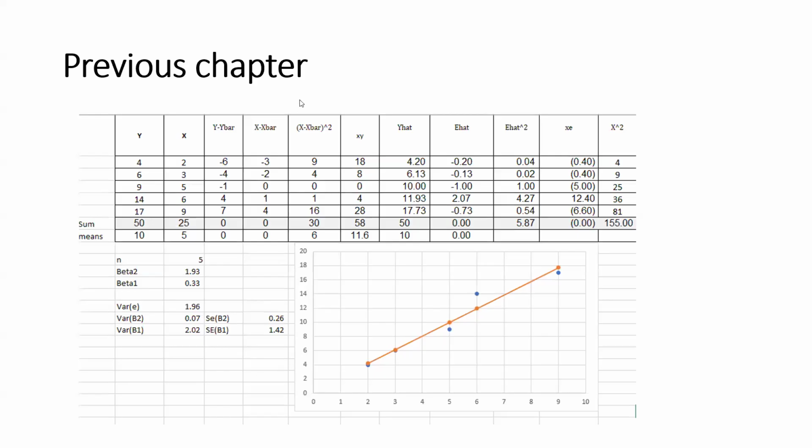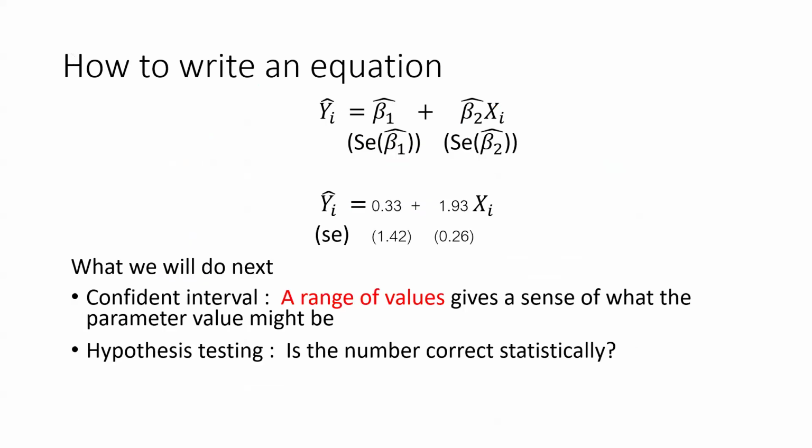Okay, this is our data from the previous chapter. The same story. We have y, we have x. We plot the data and we make this line, the orange line, and then we can calculate each beta and each standard error. So after we obtain all the information we need, what shall we do further? First, this is how we write an equation.